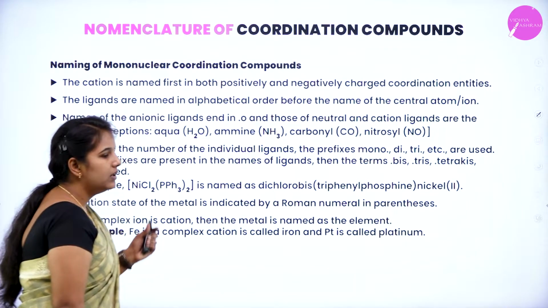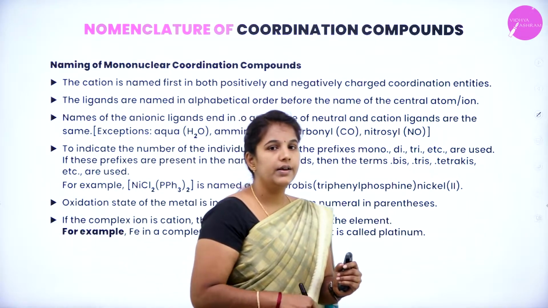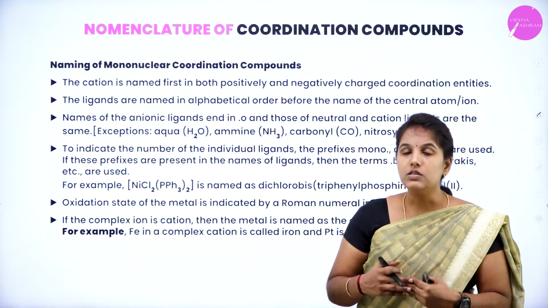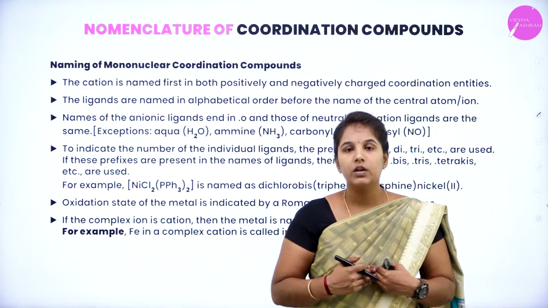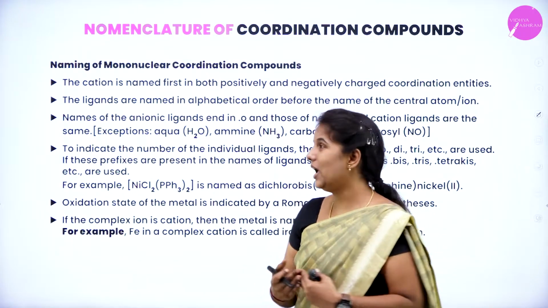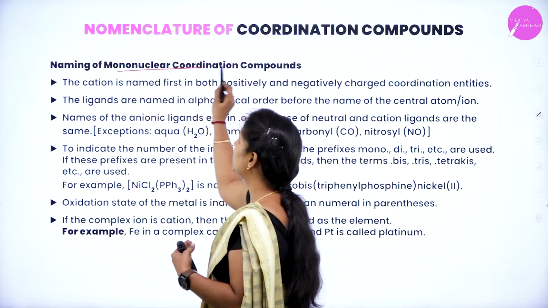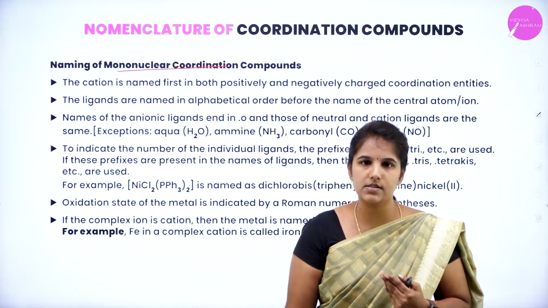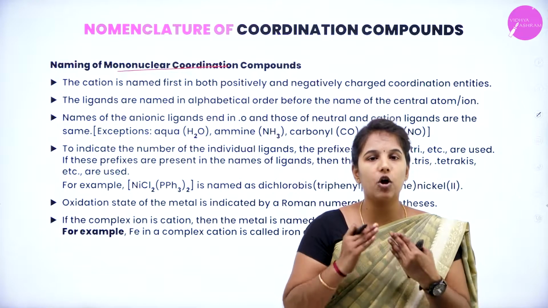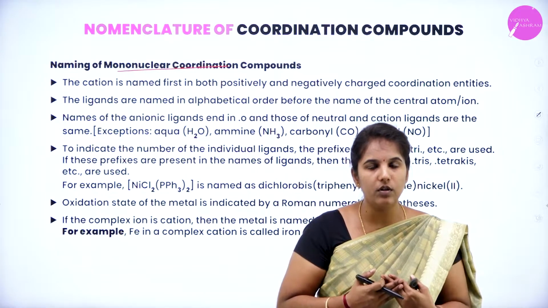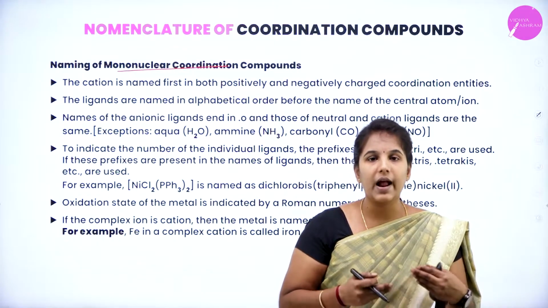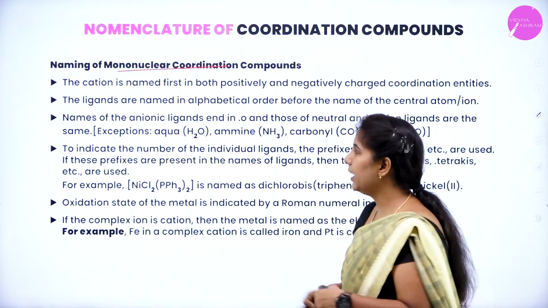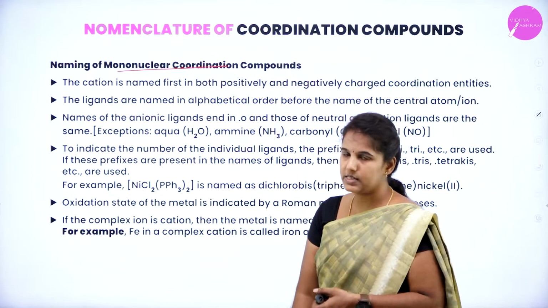Next, we have some of the rules to name the coordination complexes. In your second PUC, you need to worry only about the nomenclature of mononuclear coordination complexes. So only mononuclear coordination complexes will be given to you, and you have to apply the rules and name them. Let's see what the rules say.